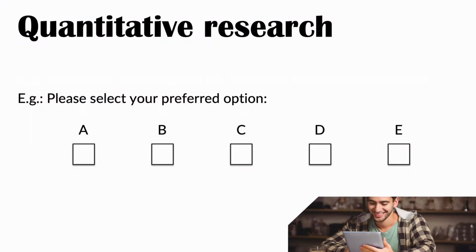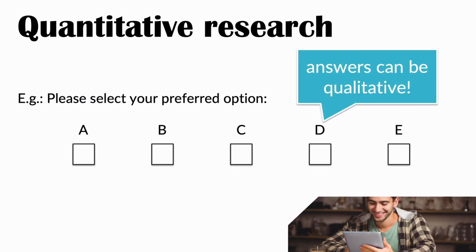That makes it possible to analyze a high volume of data without the need to spend hours and hours reading through answers. So, although the answers to a quantitative study can be qualitative, for ease of analysis, they are usually predetermined so that they can each be represented by a number or a letter.